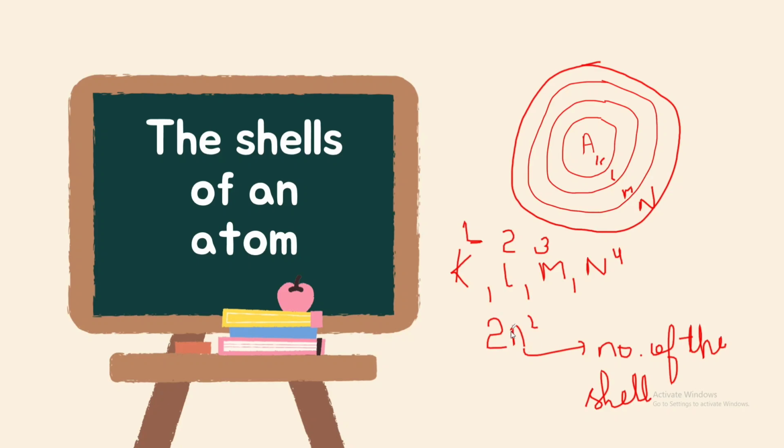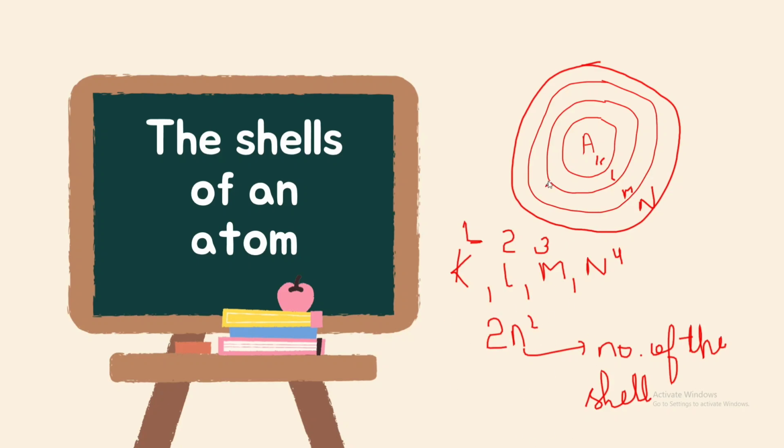So when we say n, the number of the shell, we mean if it is K, then 1, then L, 2, M, 3, and N, 4. So we can determine the number of electrons in each shell using this formula.